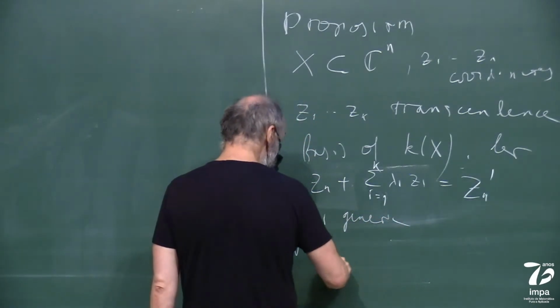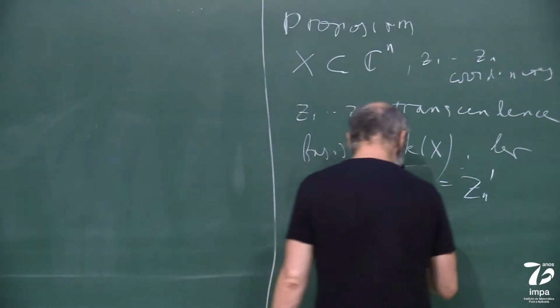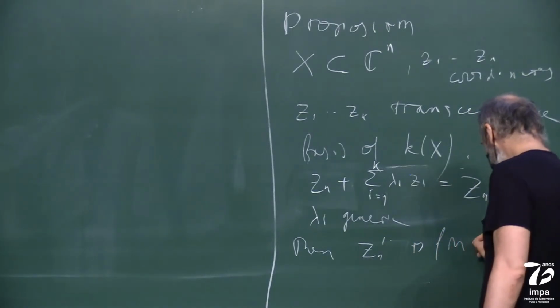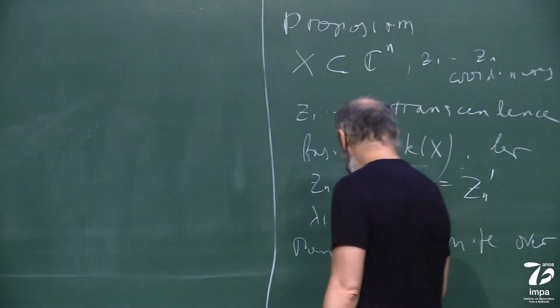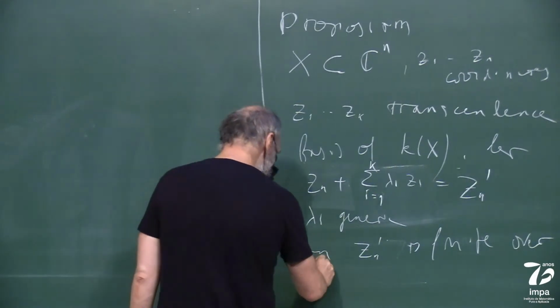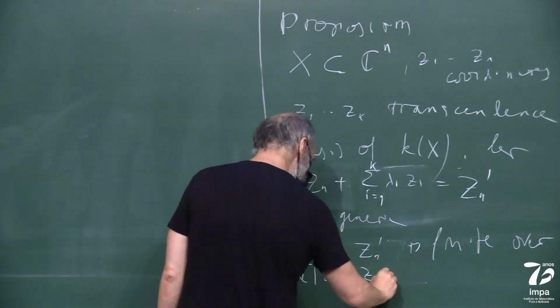Then Zn prime is a root of a monic polynomial, is finite over C[Z1, ..., Zk].